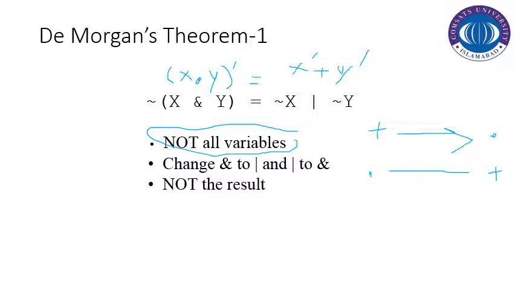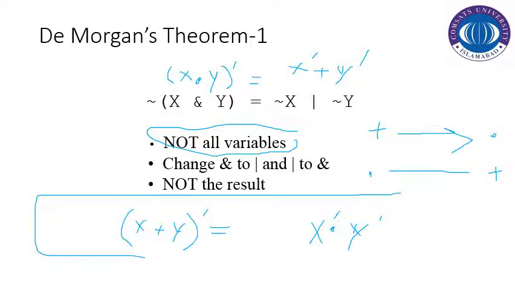Now if we apply this on a function of two literals, X and Y, constructing the OR operation between them and inverting, just remember the principle: the plus operator is first converted to the dot operation. Secondly, we have to invert the inputs, so X is inverted to X prime and Y is inverted to Y prime. This is the second theorem of De Morgan.